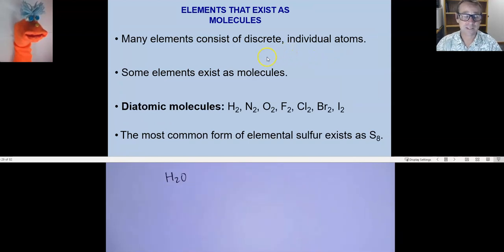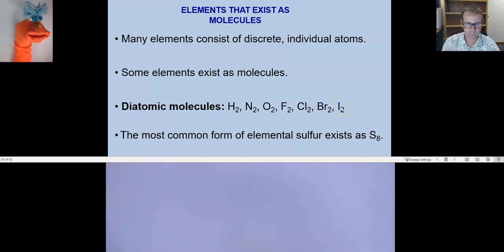Many elements consist of discrete atoms. However, some, which are called diatomic molecules, or elements that form molecules that are molecular in nature, go around in pairs. So hydrogen, nitrogen, oxygen, fluorine, chlorine, bromine, and iodine, all of these are diatomic in nature.